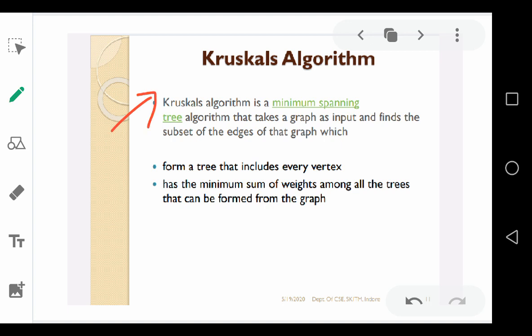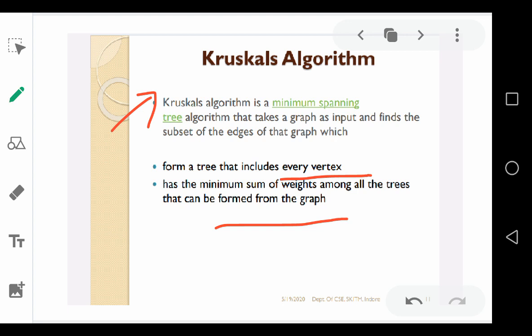Kruskal's algorithm is a minimum spanning tree algorithm that takes a graph as input and finds the subset of the edges of that graph which includes all the vertices of the graph and has a minimum sum of weight among all the trees that can be formed from the graph.